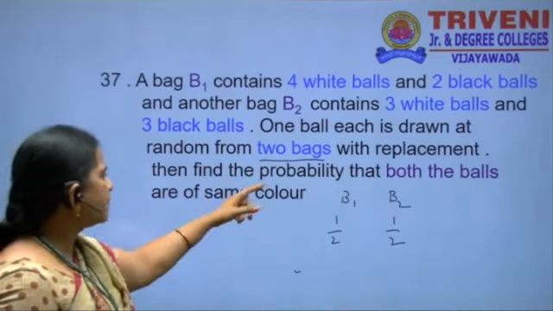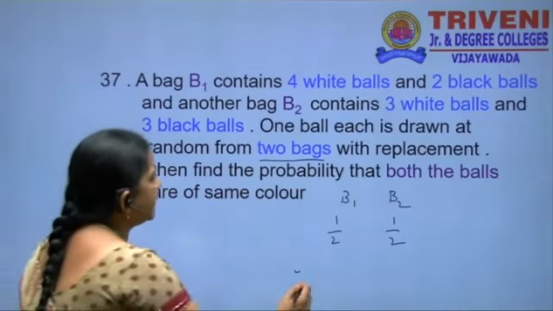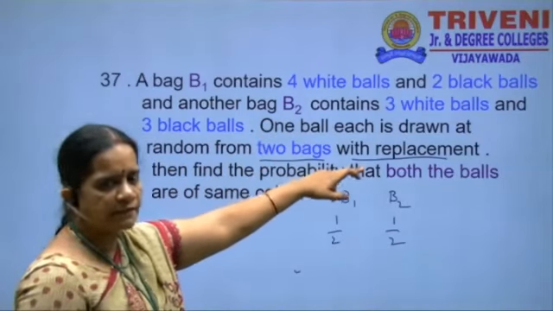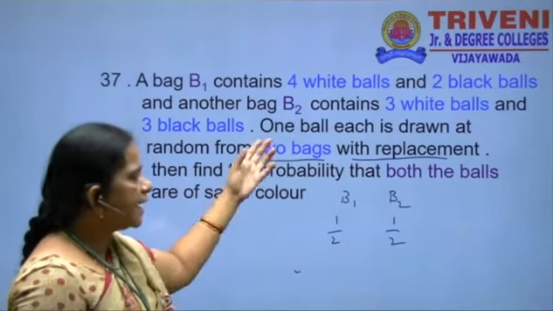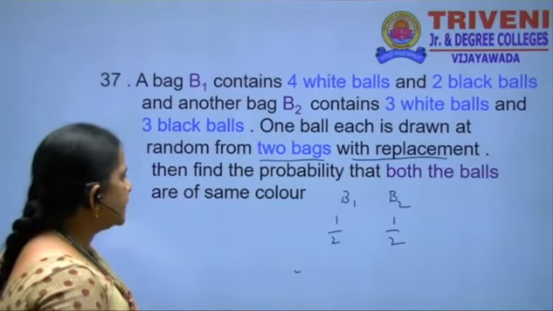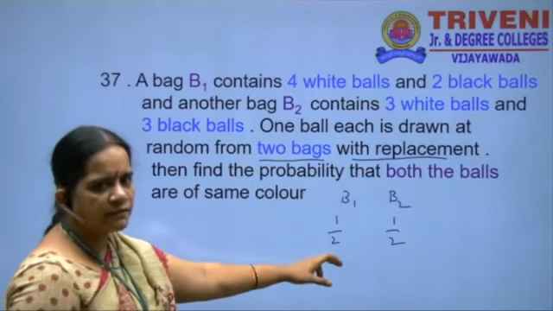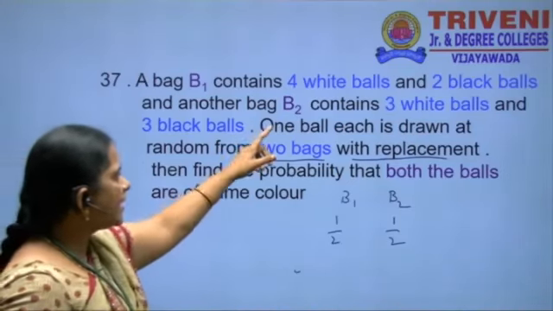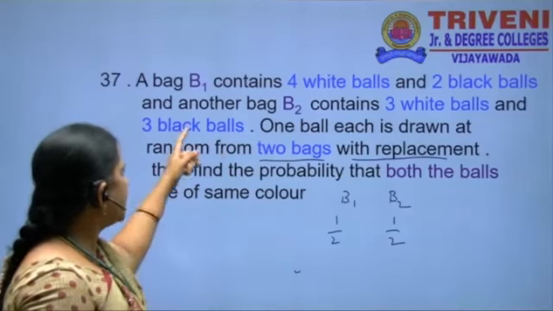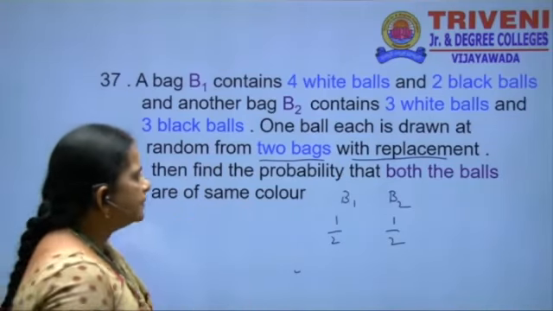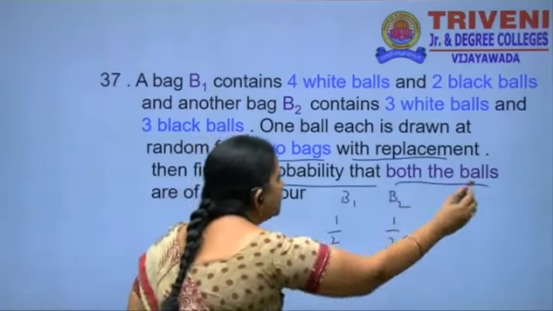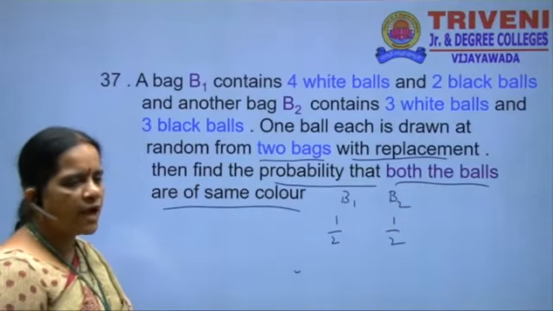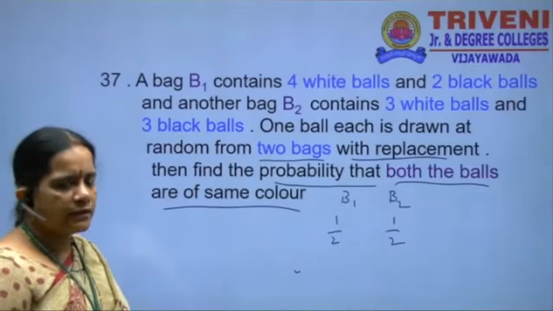Here we take one ball with replacement, so the total balls is 6. Suppose one ball is taken and we replace it. B1 and B2 have chances of 1 by 2 and 1 by 2. The first bag has 4 white balls and 2 black balls, and the second bag has 3 white and 3 black. We have to find the probability that both balls are of the same color, white or black.